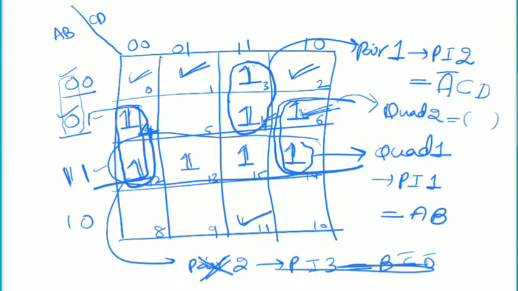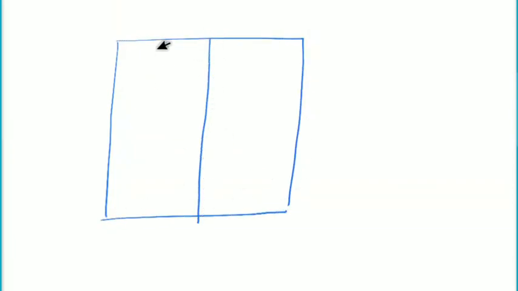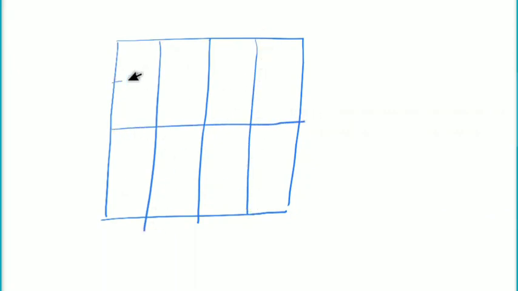Let us rewrite this. I don't write the function, just the ones and the groupings, right. So here 1, 1, 1, 1, 1, 1, 1, 1.